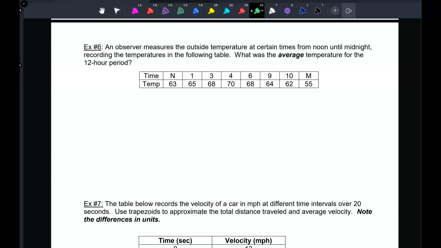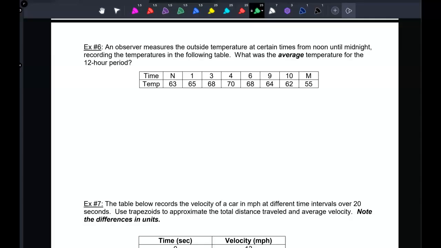But I don't know what's going on at 2 o'clock or 5 o'clock or 7 or 8 o'clock. So what we're going to do is trapezoidal approximation to come up with the total accumulation of all of those temperatures.